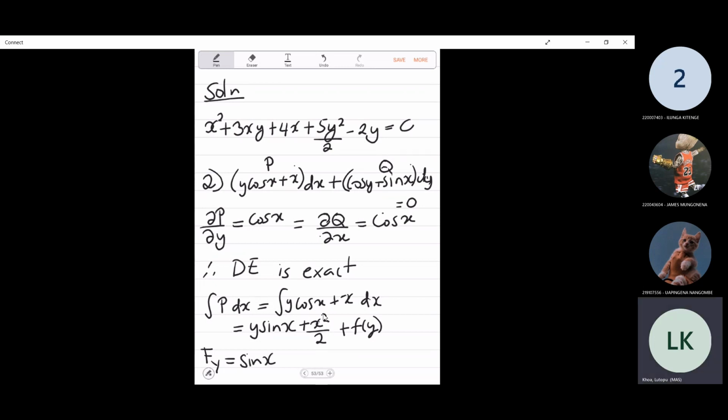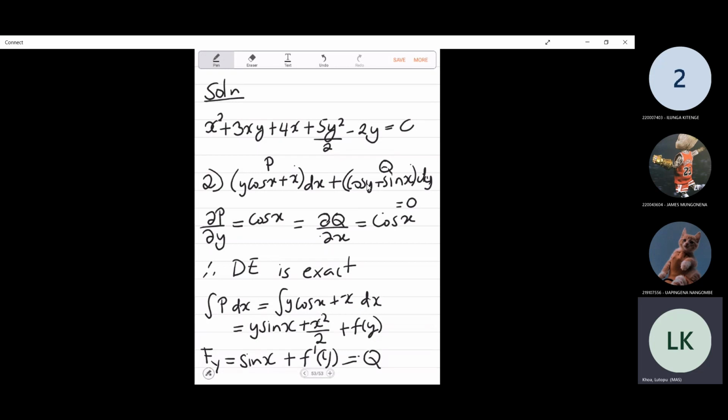The derivative of this one is 0 because there's no y term. And then I have f prime of y. And now that I have differentiated with respect to y, my answer must be equal to q. And this is q, cos y plus sine x. So we can already see that f prime of y is equal to cos y.